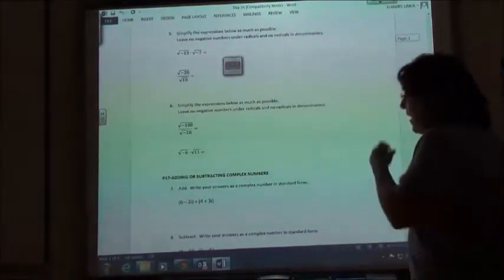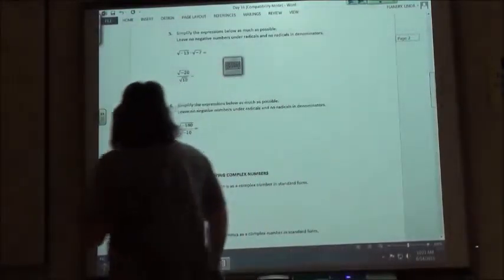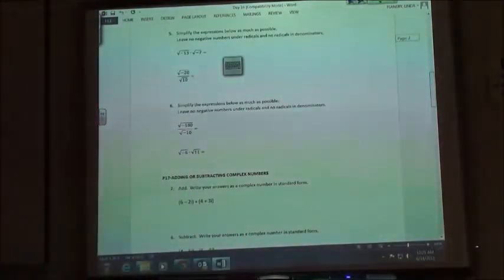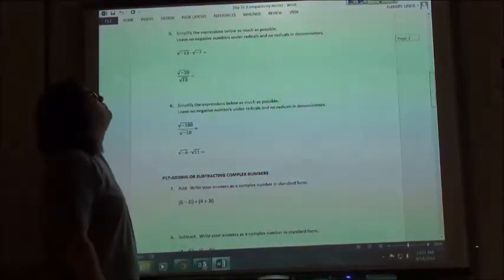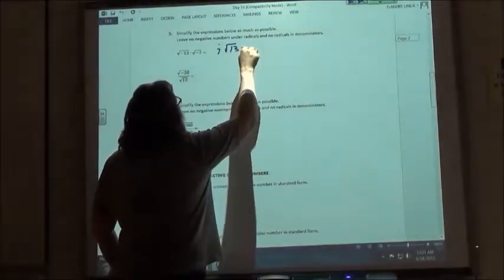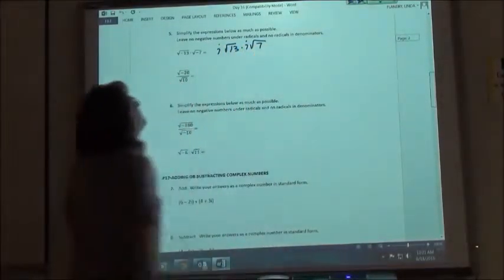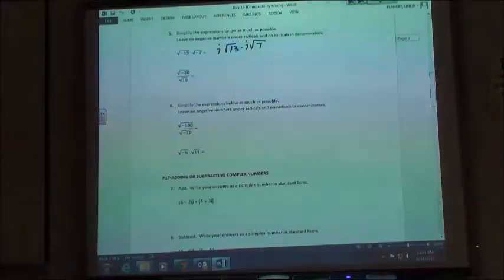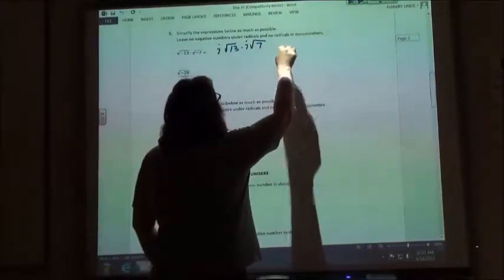So number 5, if I'm going to simplify that one, what should I start out by doing? Taking out the i square root of 13 times i square root of 7. Now I can't simplify the 13 or the 7, so now I'm going to do my multiplying. And so if I multiply those together, what would I get?